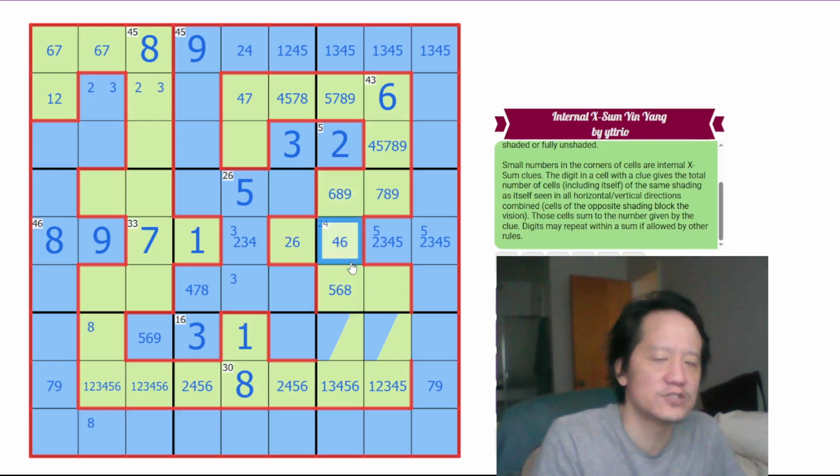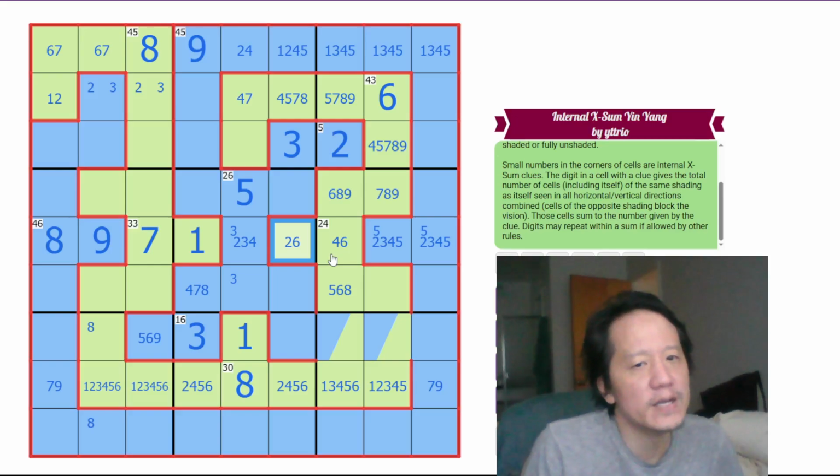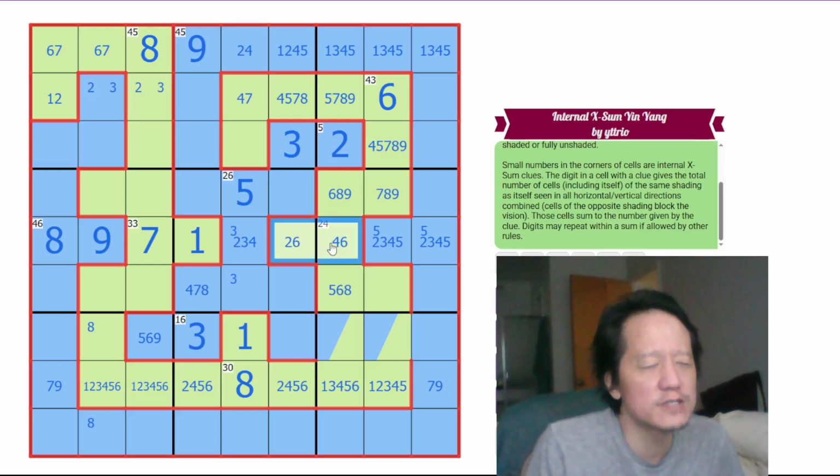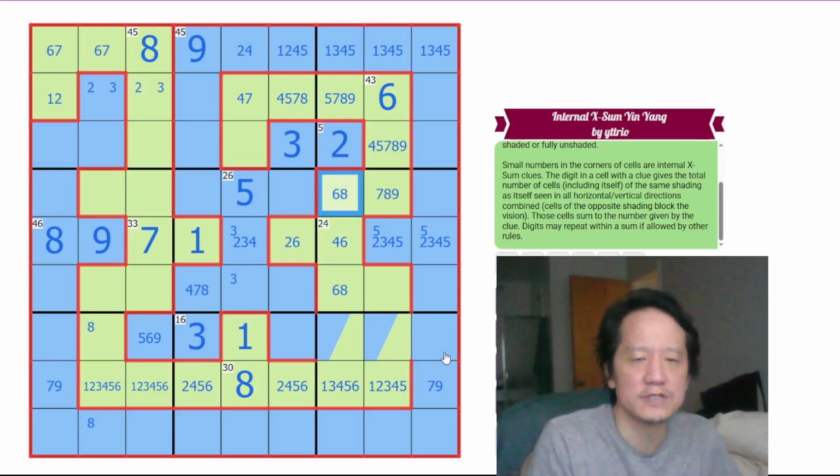Can you have a 6, 2 here? Maybe? If you have 6 and 2, that's 8. 24 minus 8 is 16. Yeah, that seems doable. Oh, this can't be 5 anyway here. So because this can't be 5, this would actually have to be a 6 anyways.